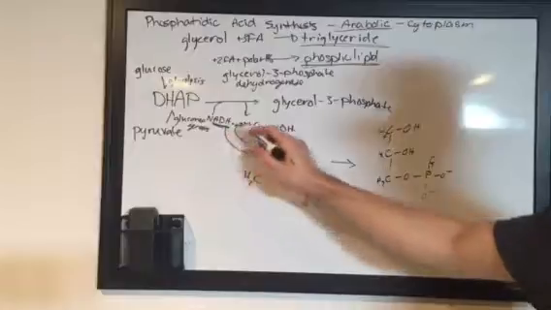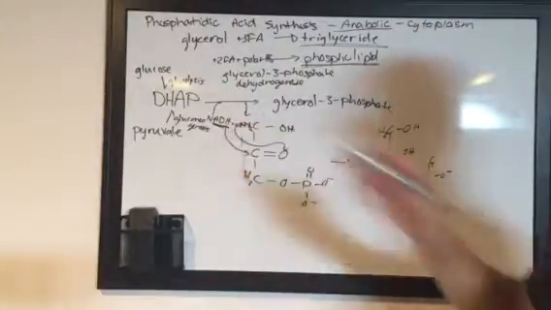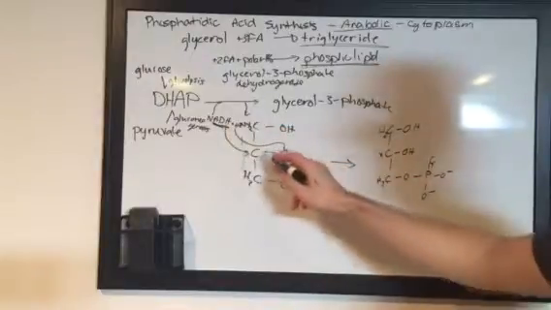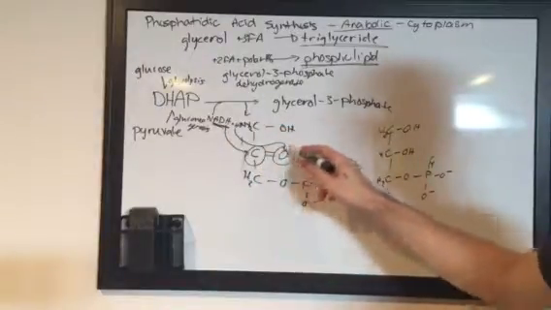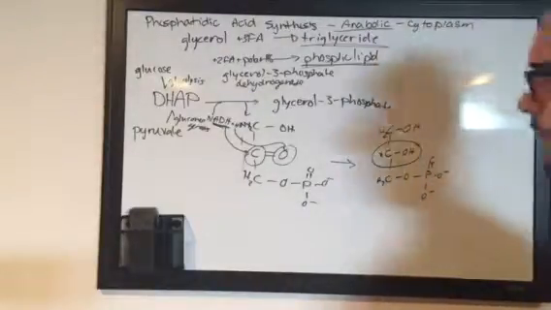Again, 2 hydrogens from the NADH and H+, which are going to go onto the carbon and the oxygen respectively to create this nice hydroxyl group there.